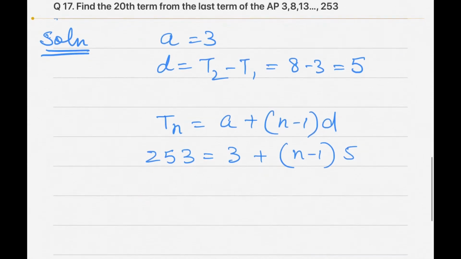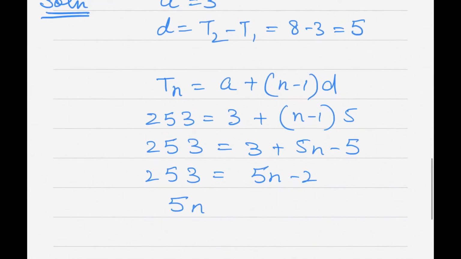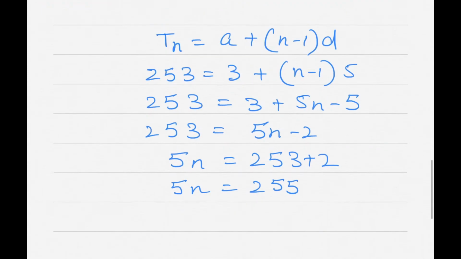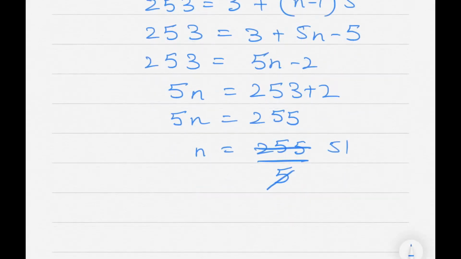So 253 is equal to 3 plus 5n minus 5. Now 253 is equal to 5n minus 2. So 5n would be equal to 253 plus 2. So 5n is equal to 255 and n is equal to 255 by 5. So we have got n is equal to 51.